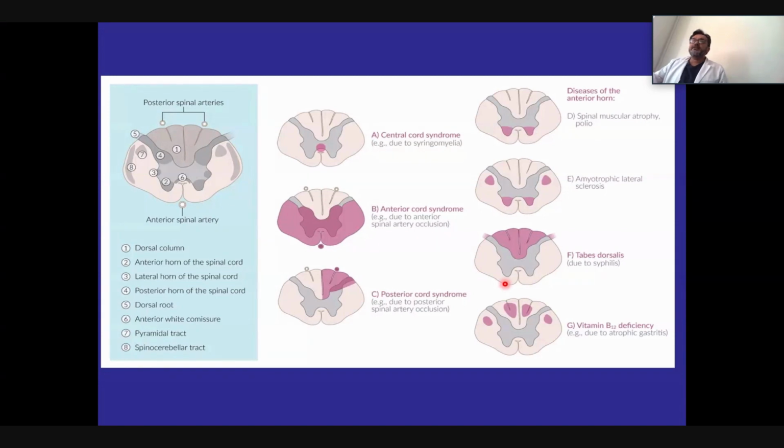So there might be sensory ataxia along with motor dysfunction, the upper motor neuron type of lesion, because the corticospinal tract is also involved. So this is subacute combined degeneration, which results in demyelination of the corticospinal tracts, as well as the dorsal column tract and spinocerebellar tracts. These are the tracts which are usually involved in vitamin B12 deficiency.